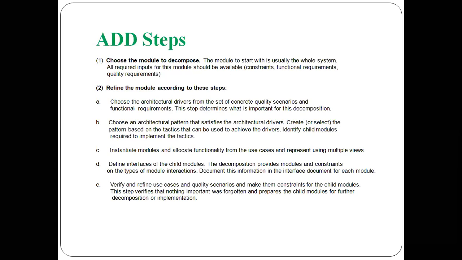Here we are going to choose a module. What does that module need to do, what action we need to implement in that module, and what output we are expecting from that module. According to that, first of all we should choose a module to decompose.